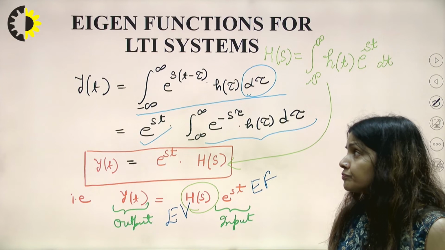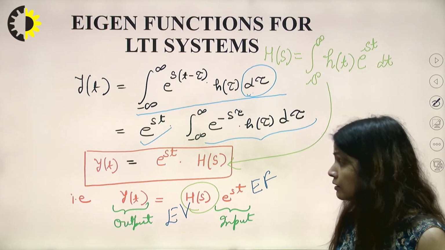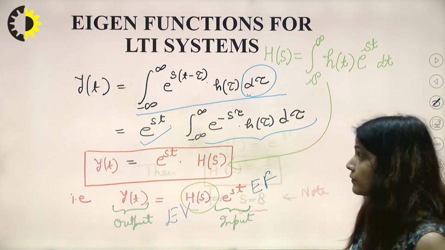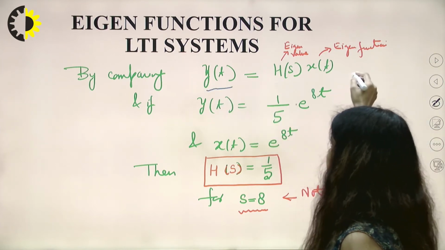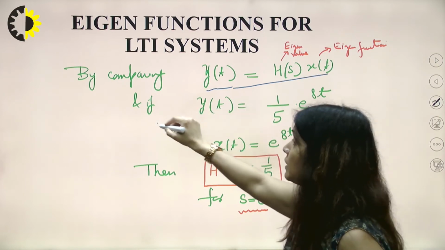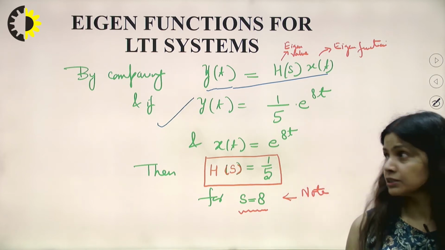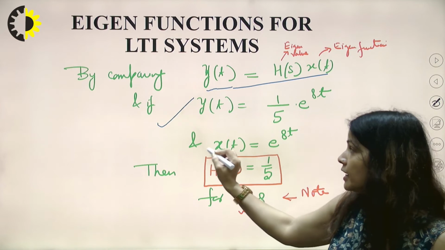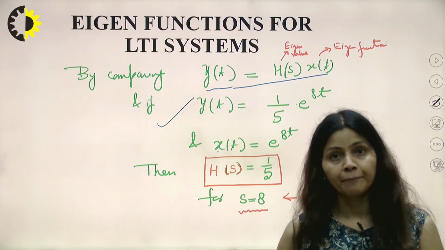Now, to understand how we can apply this in our numericals, let's suppose we are given some numerical in which the output is given as 1 by 5 into e raised to the power 8t and input is given as x(t) is equal to e raised to the power 8t.